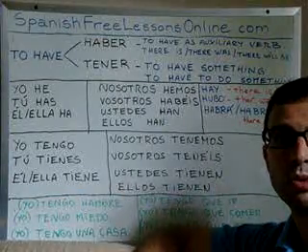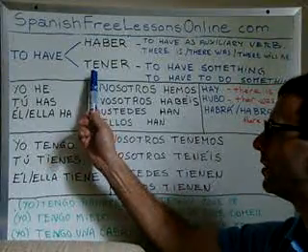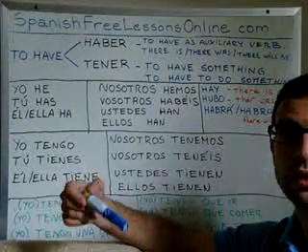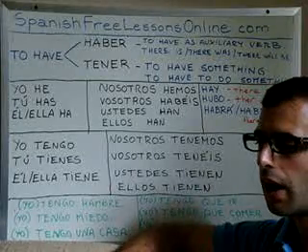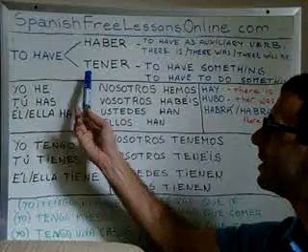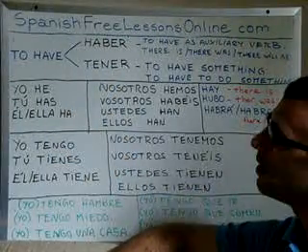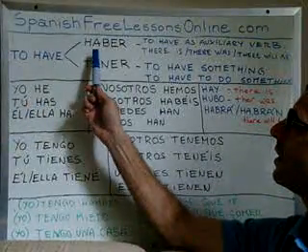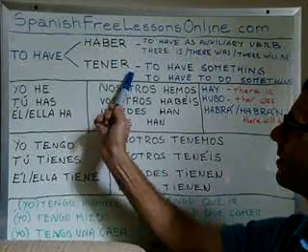I have to go out. We use tener. So we would say, tengo que salir. I need to go out. When we want to say, I have to work, tengo que trabajar. That's the verb tener. Okay? So you can see that the verb to have translates into the verbs haber and tener.